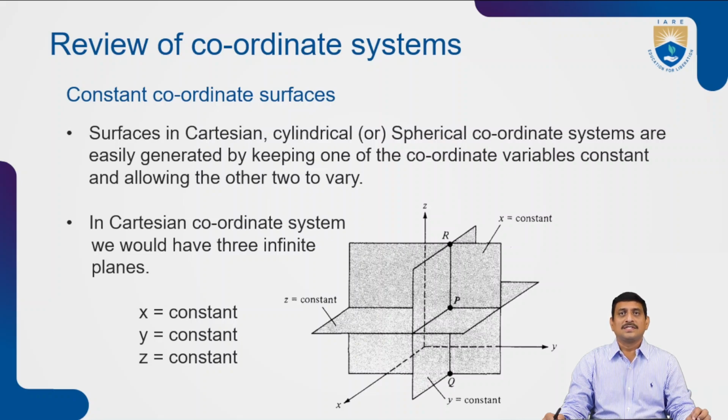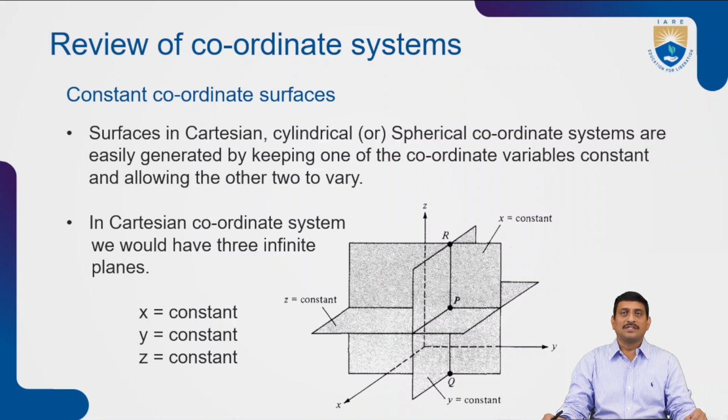A surface is nothing but where two variables are varying and one variable is constant. Suppose I say it is an xy plane or xy surface, where the z component is constant. The x is variable, y is variable and the other variable z is constant.